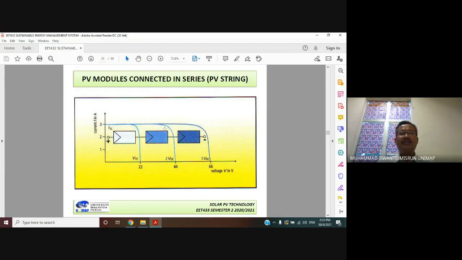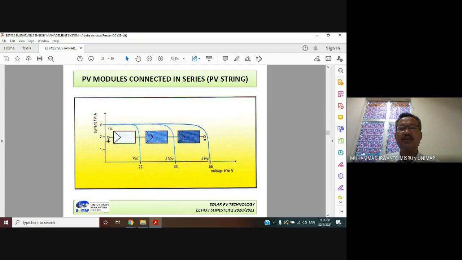Okay, and then for example, this one is from the Sham data sheet. Each PV cell or PV module has the open circuit voltage VOC. If we connect two PV cells together in series, it is 2 VOC.